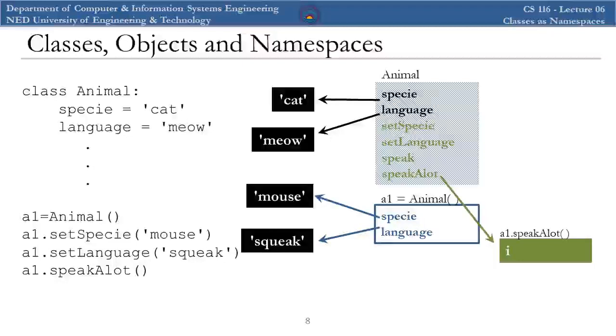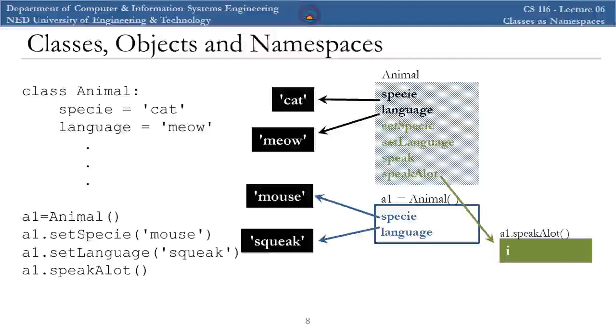So if you recall from the last course, when local variables are created in a namespace, they live as long as that specific namespace lives. So this I resides in this new namespace, the namespace of this method speak a lot. Whereas species and language, when you instantiated a1, they resided in the object's namespace.